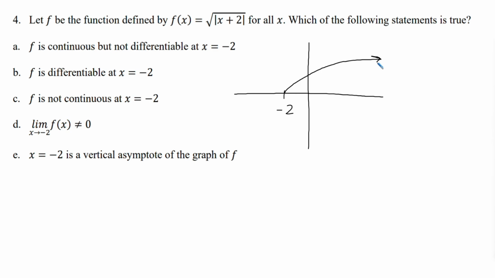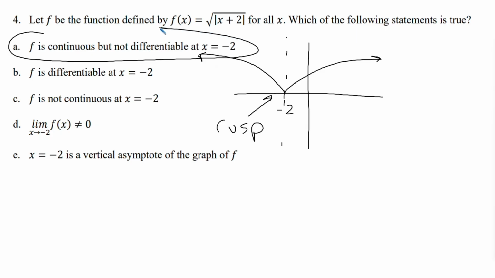But then that absolute value just gives us a reflection here across the line x equals negative 2. So we can see that the function is continuous there because, we could go through a full limit definition of continuity, but we can see that the left hand and the right hand limits are both approaching 0. But it's not differentiable because what we've got here is a cusp. So our function is continuous, but not differentiable at x equals negative 2.